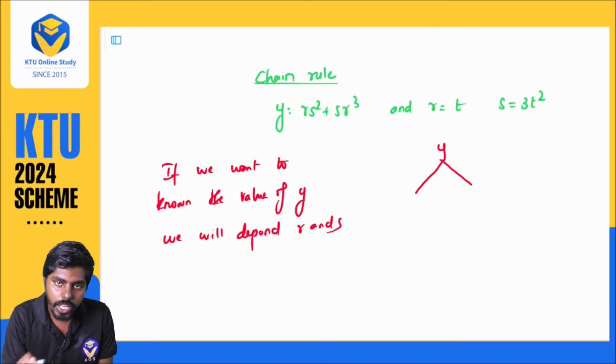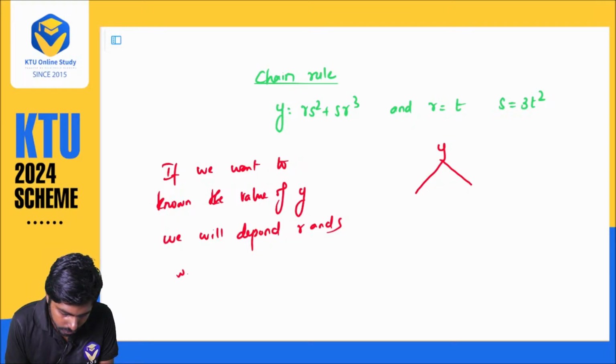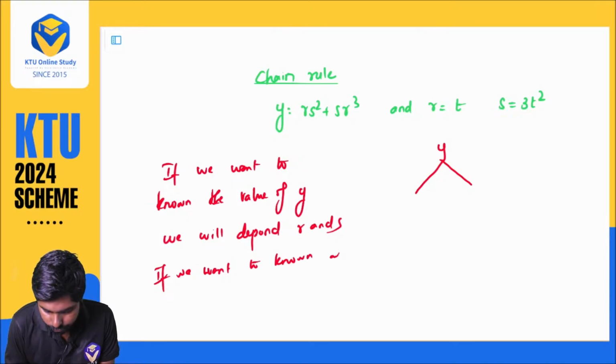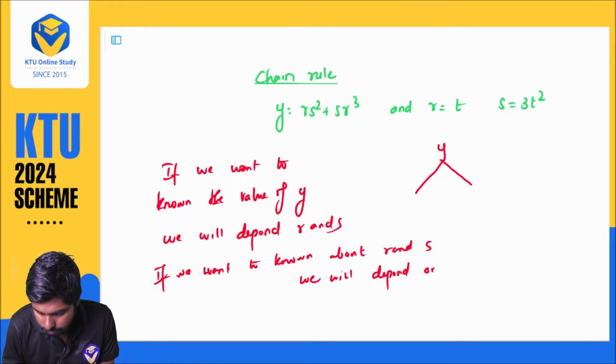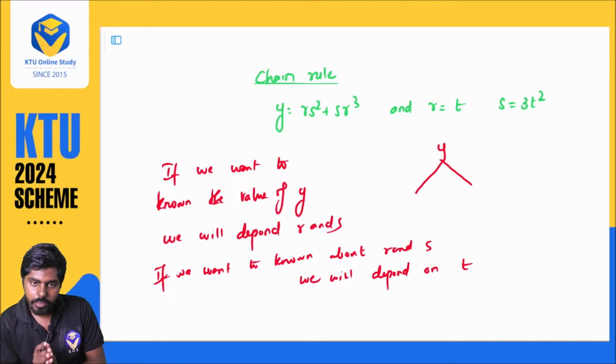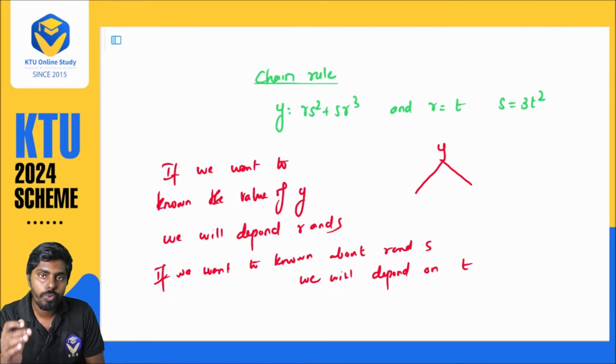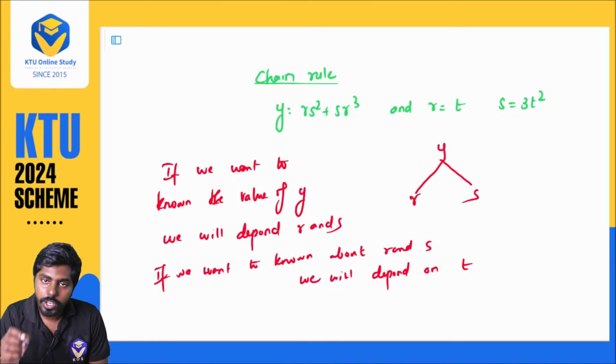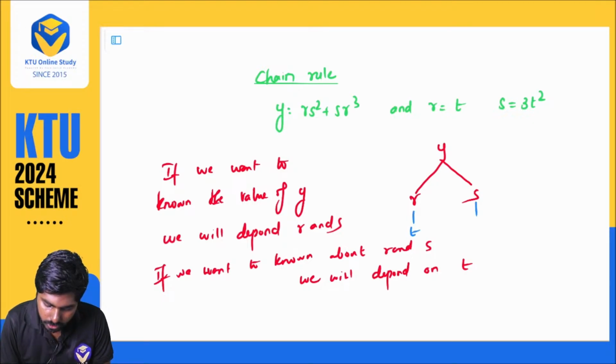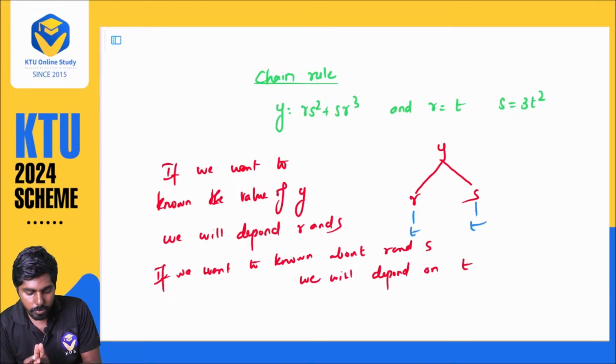If you want to know r and x, we will depend on t. So from here we can say this is called a chain. When you want to know the value of y, you depend upon r and x. When you want to know the value of r and x, you depend upon t. This kind of method we call chain rule.